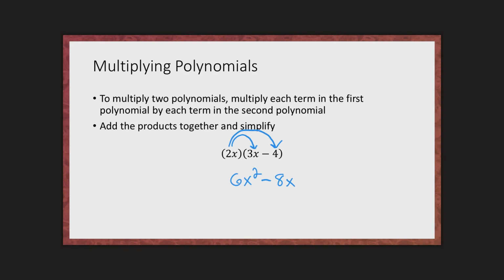So 2x times 3x minus 4 will be 6x squared minus 8x. And here you can see I wrote it out just a little bit neater, kind of showing what I was multiplying out. We're still multiplying 2x times 3x, that's what I wrote here, and then 2x times the negative 4, and I ended up with 6x squared minus 8x.